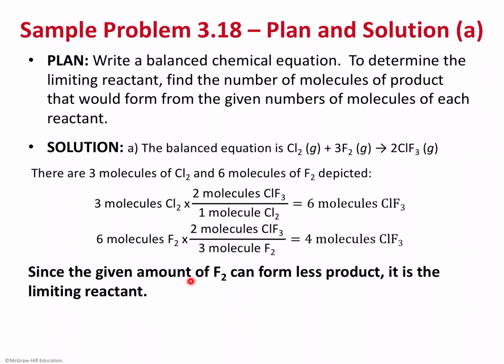Since the given amount of fluorine can form less product, 4, it is the limiting reactant, and chlorine would be in excess. Okay, so fluorine is the limiting reactant because it gives you less number of moles. That's how you find the limiting reactant, and then the amount that you can form from the stoichiometric calculations.